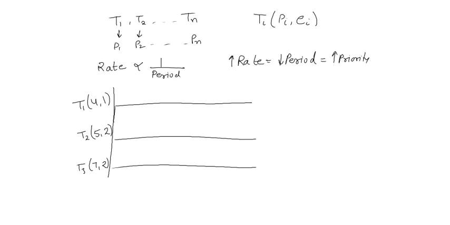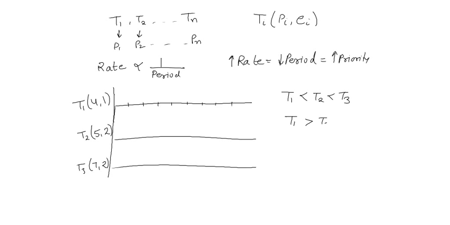Let me divide the time axis into 1, 2, 3, 4, 5, 6, 7, 8. T1 has the lowest period, which means it has the highest priority.